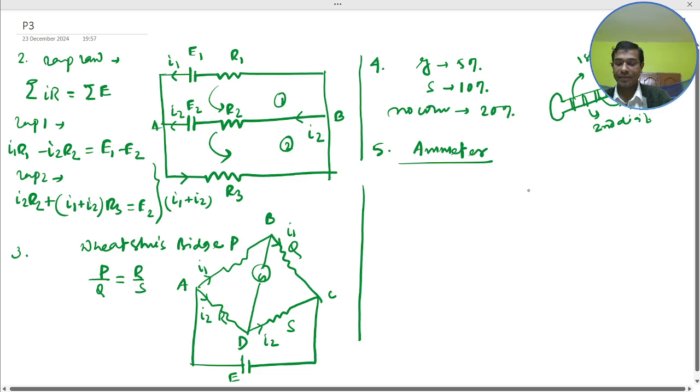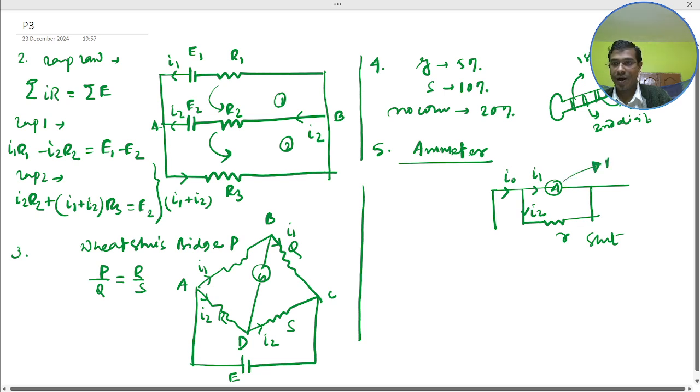So in the figure, this is an ammeter and a resistance here in parallel. Here the current going is I0, this is the current I1, this is the current I2, this resistance is basically the shunt, and this is the ammeter with coil resistance R0.